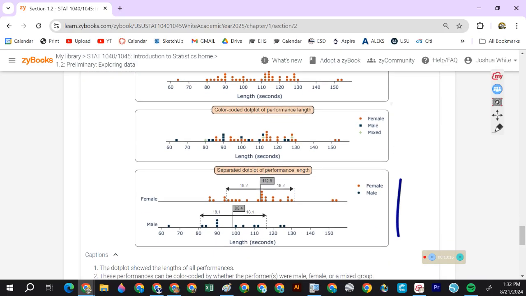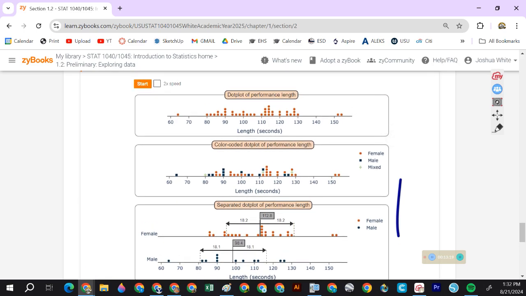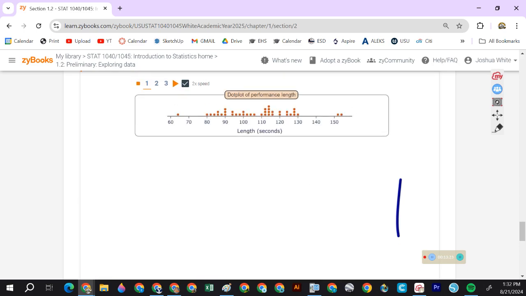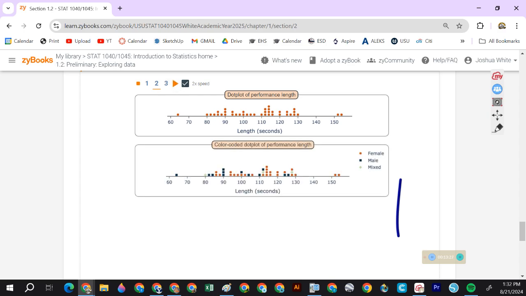All right. Can we look at them all? Maybe. Okay, so here is our dot plot of performance length. So now we've color coded it. Red dots are female, gray dots are males. The few plus signs are mixed.